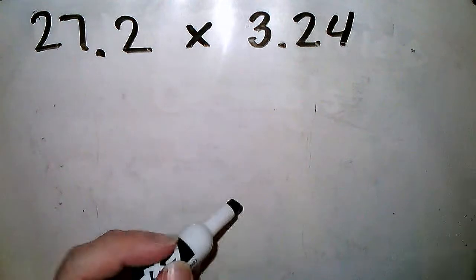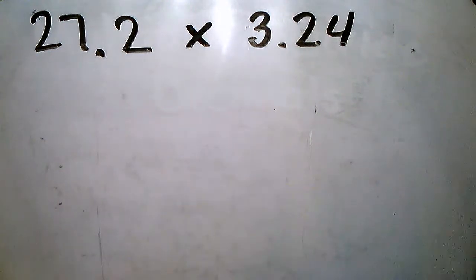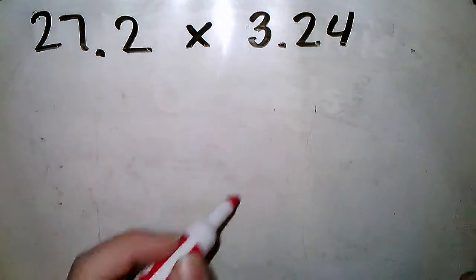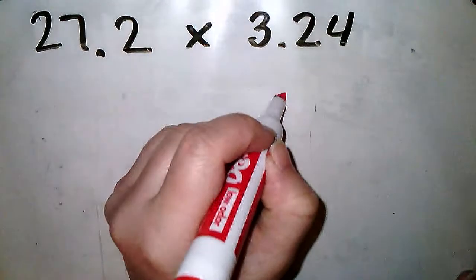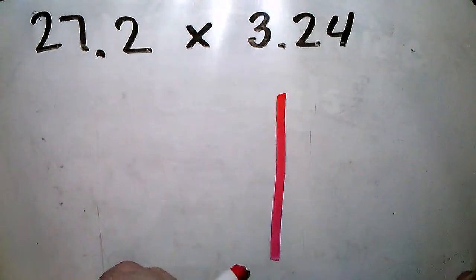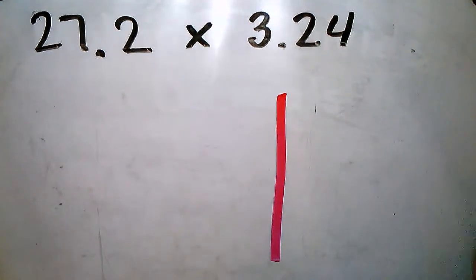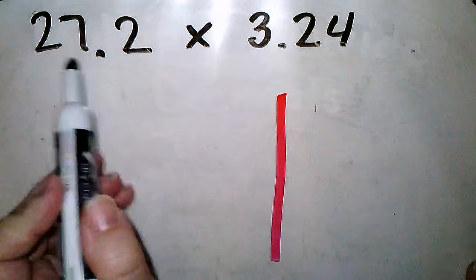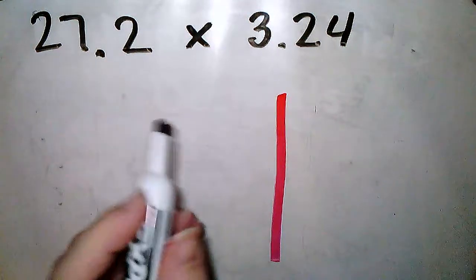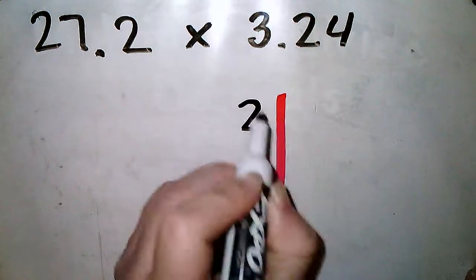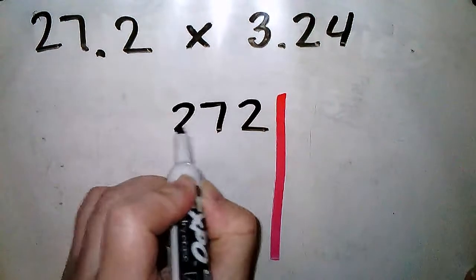All you need to worry about doing is lining up your numbers. Don't worry about the decimals. Imagine that there's an imaginary wall here, and you're just going to line up your numbers. So you've got 27.2 or 272. You line them up with their backs against the wall like this.